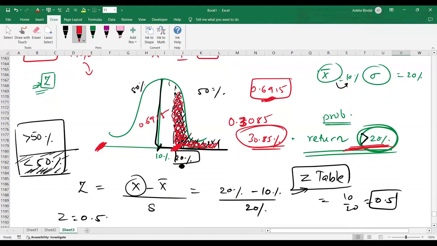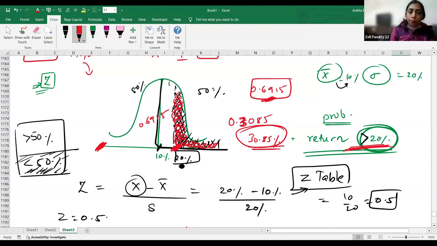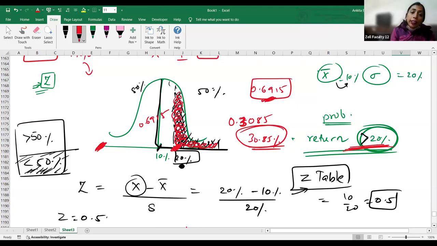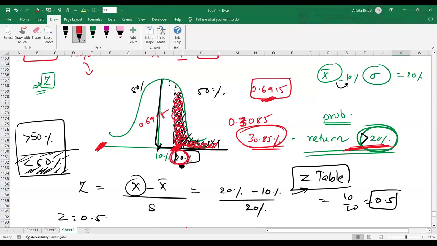We are searching for the 0.5 value, that is 0.6915, and 1 minus 0.6915 equals 0.3085. That is the probability we are getting, that 30.85% is the probability that returns will be greater than 20. Okay. Got it.